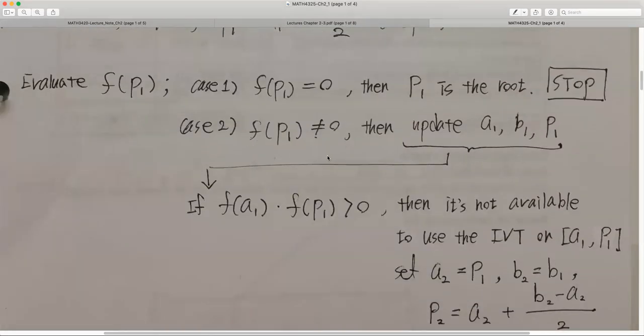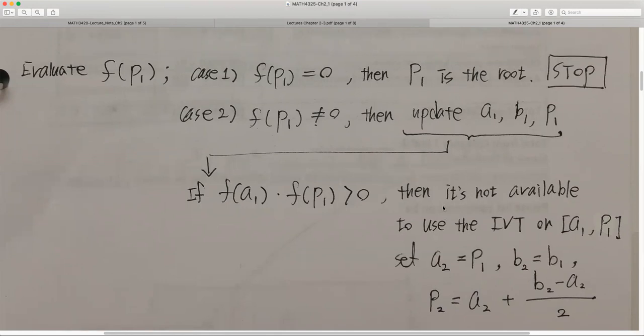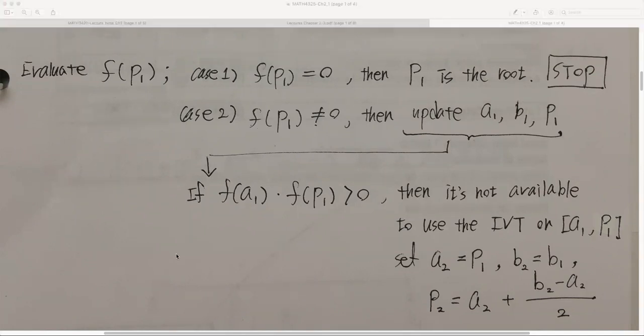Now we have to update a1, b1, p1. In this case, f(a1) times f(p1) is greater than 0, meaning the signs of f(a1) and f(p1) are the same. Here a2 is set to p1, and b2 is just b1.